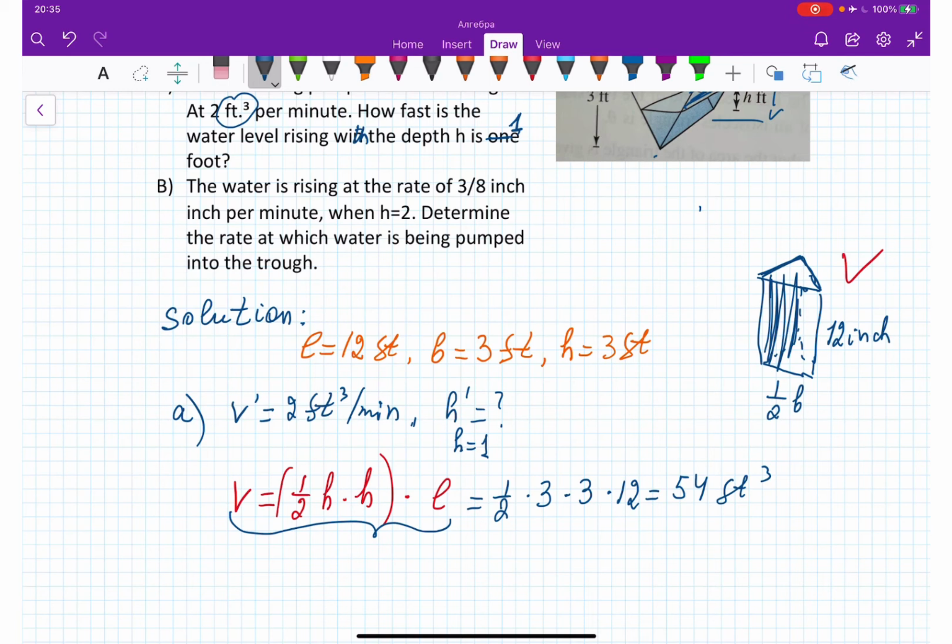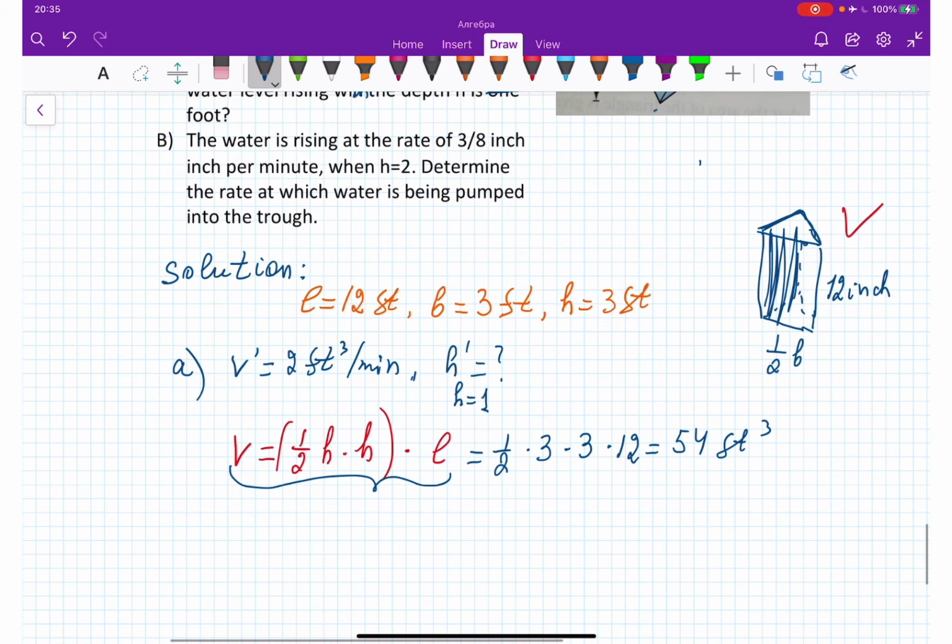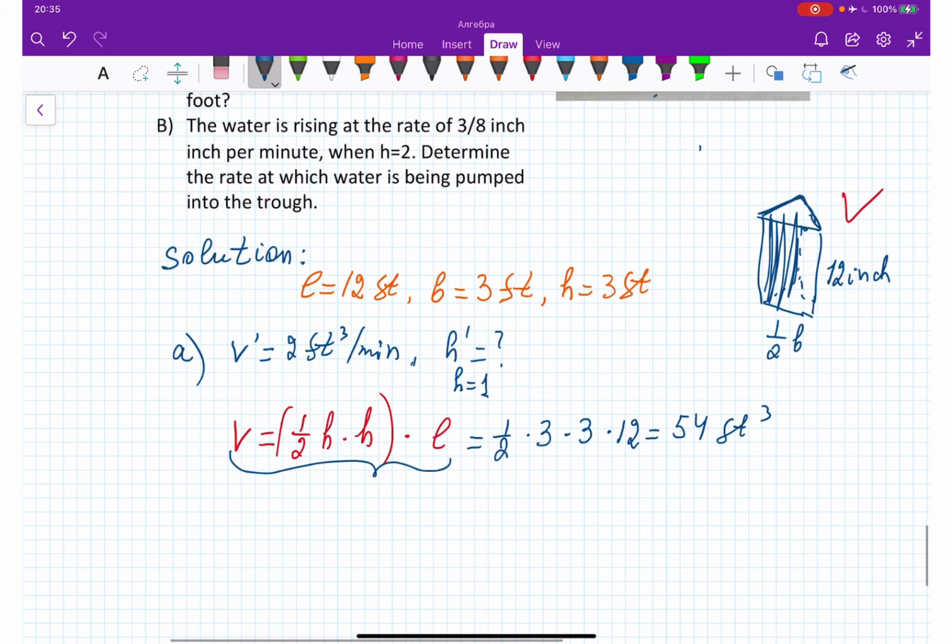Because the triangular end of the water is similar to the triangular end of the trough, they share the same ratio. The ratio of B to H is 3 to 3, which is 1 to 1, right? So then that means that the ratio is going to hold for the water as well.